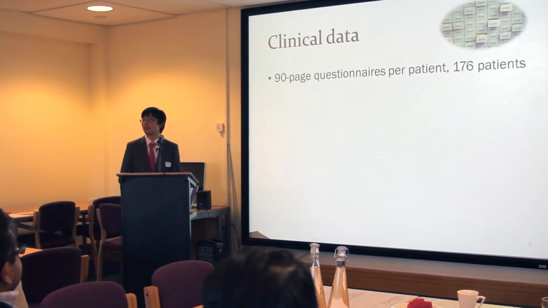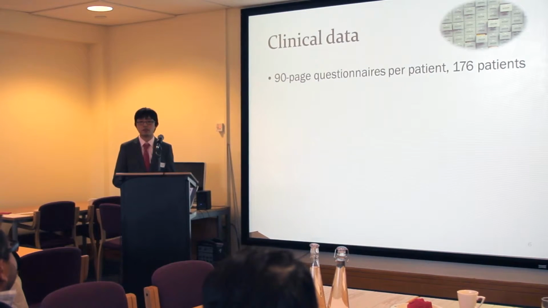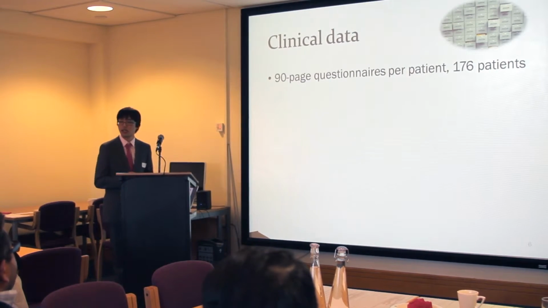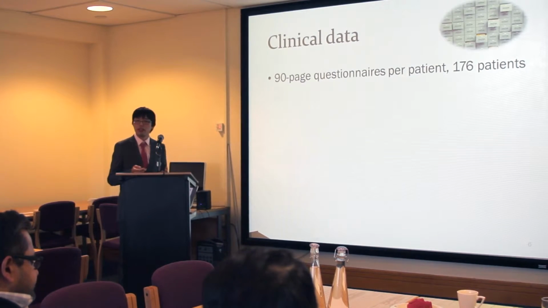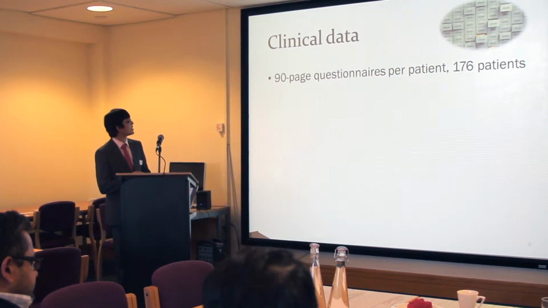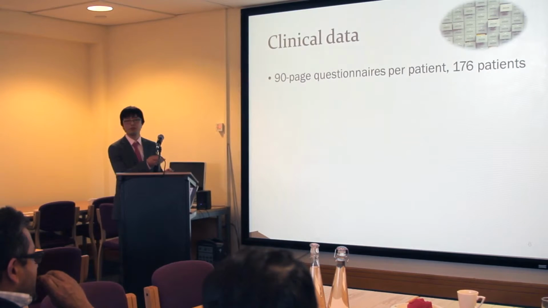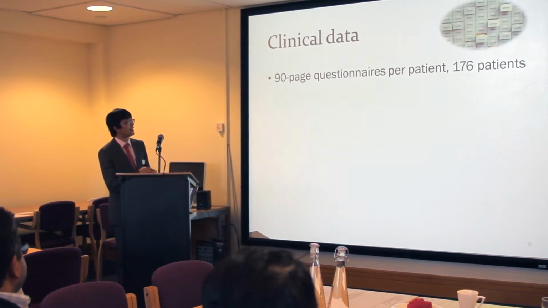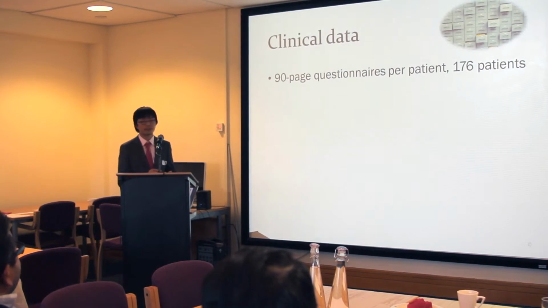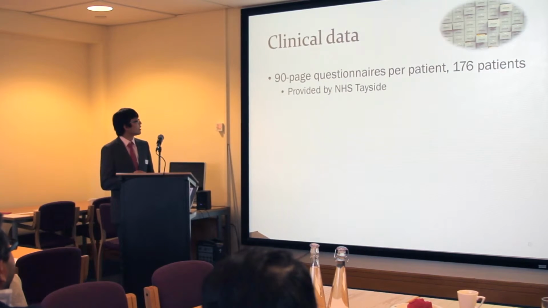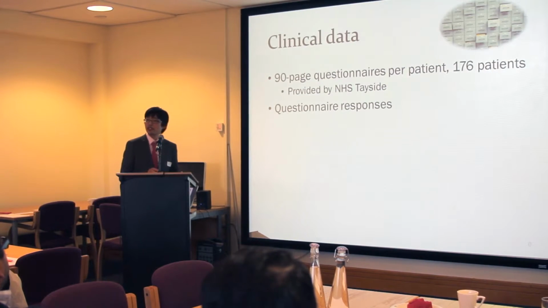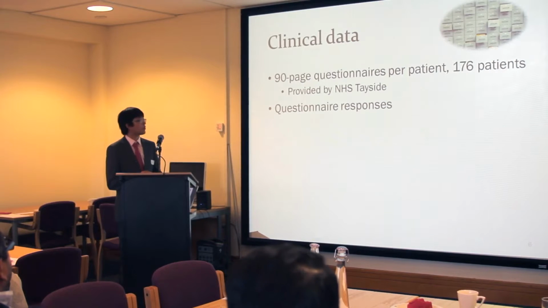So in terms of data, we have a collaboration with the University of Dundee and NHS Tayside. It's a very large data set. It consists of 90 pages of questionnaires. Imagine giving them to patients to fill. And we have 176 patients as well. Most of these data are in the form of questionnaire responses.